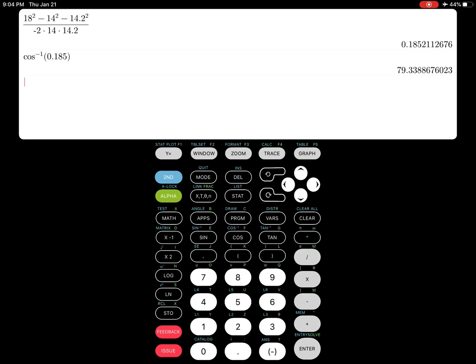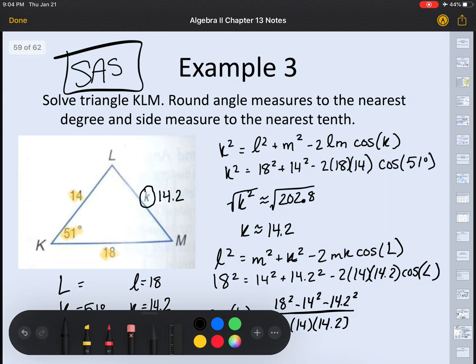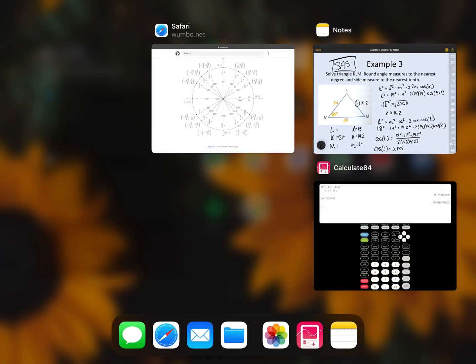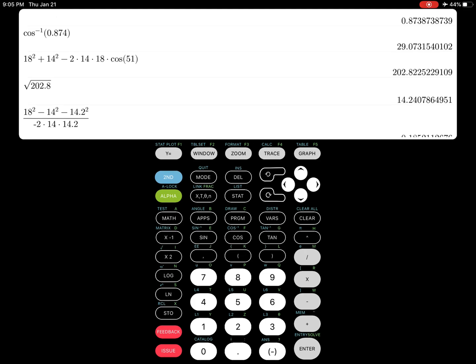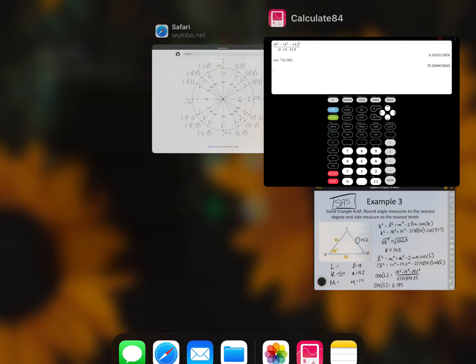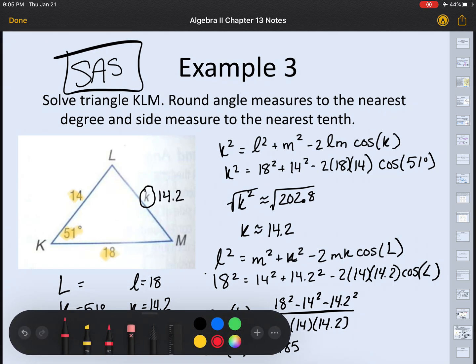And we're going to get 79.3 for angle L. So again, we had to take the cosine inverse of 0.185, excuse me, on both sides.